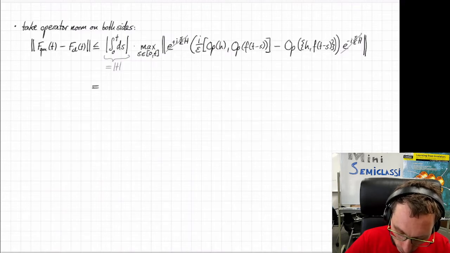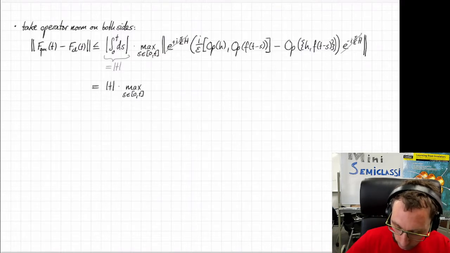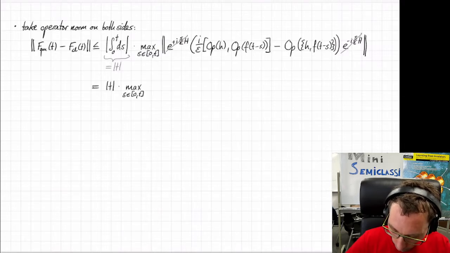So this is equal to t times the maximum of the bit in parentheses.